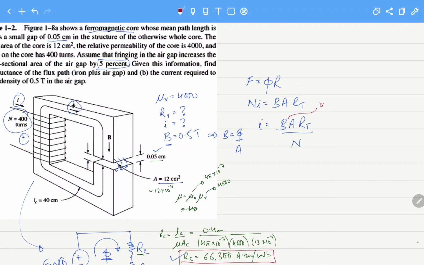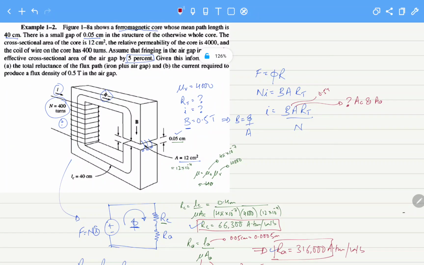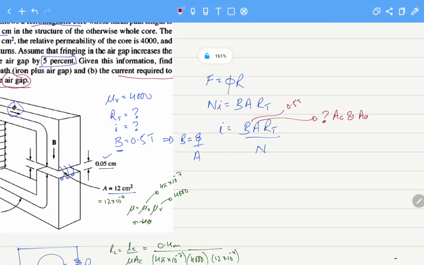So let's look at what values we have. We have the value of 0.5 Tesla, we have the area, and which area is important. We have two areas now: the area of the core and the area of the air gap. They are saying the current required to produce a flux density of this in the air gap. So we are talking about the air gap, and here the area is the area of the air gap.